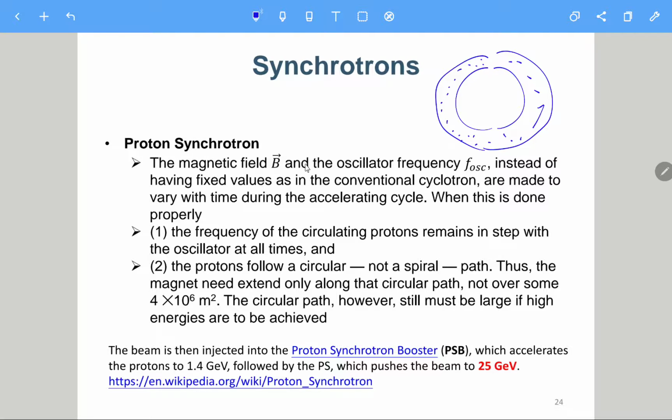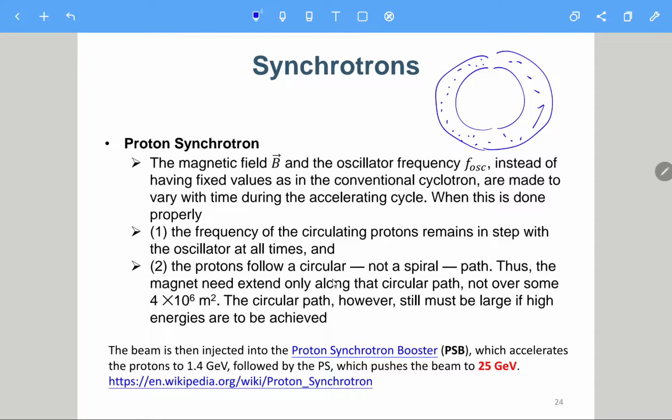So the magnetic field and the oscillating frequency, instead of having fixed values as in the conventional cyclotron, are made to vary with time, following the accelerating cycle. So in this case, we only need to generate a B field in a smaller area or smaller volume, so that the B field there can be much stronger. However, we need a more complicated control so that this B field is time varying and avoids the particle collision with the ring.